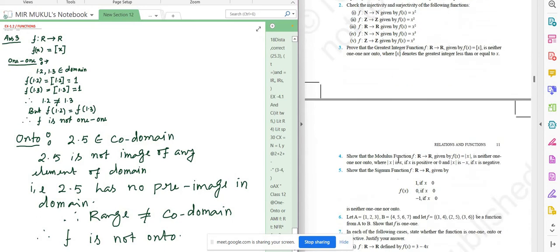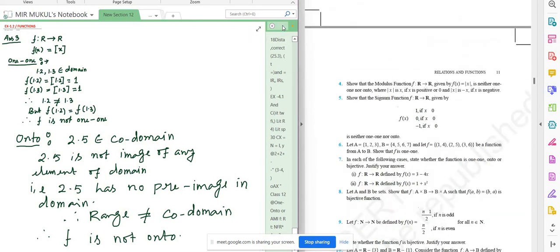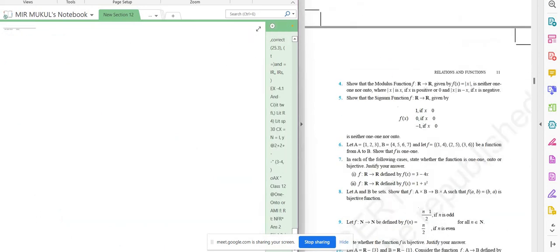Now come to question number 4. Show that the modulus function f from R to R given by f(x) equals mod of x is neither one-one nor onto, where mod of x is x if x is positive or 0, and mod of x is minus x if x is negative.